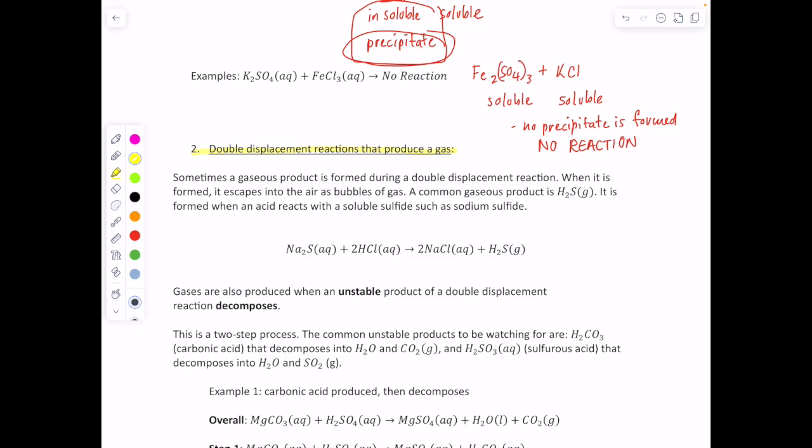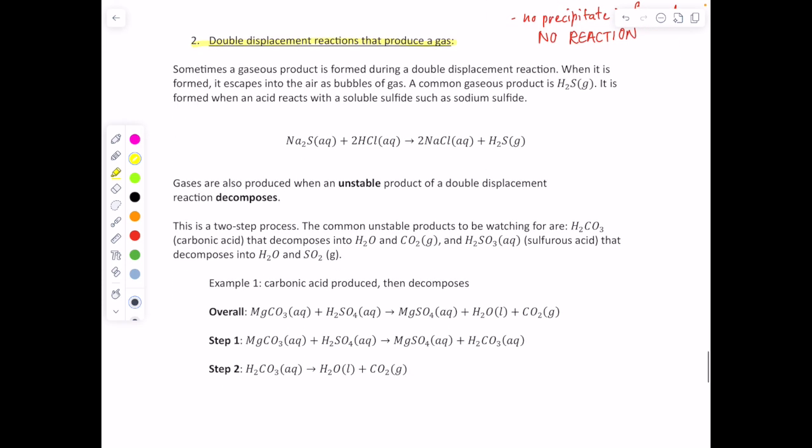Gases are also produced when an unstable product of a double displacement reaction decomposes. And this is a two-step process. Firstly, a double displacement reaction will happen.